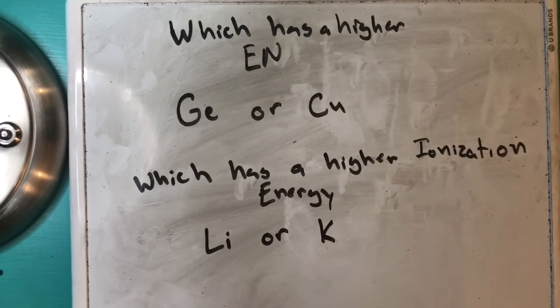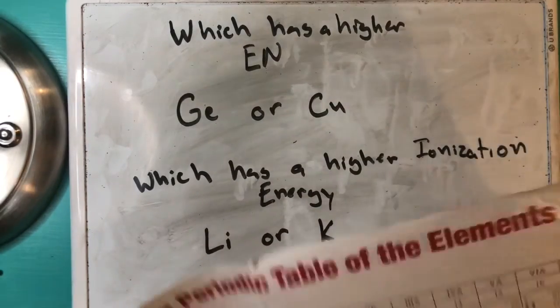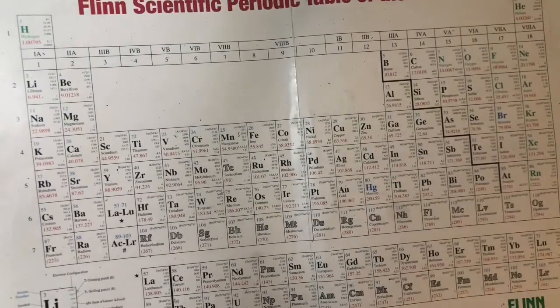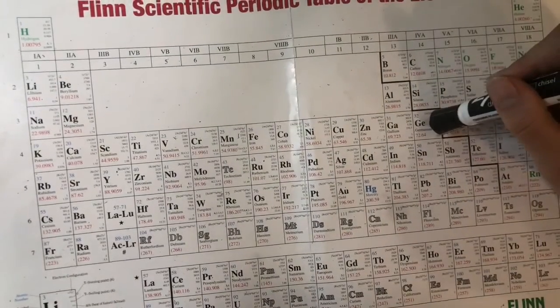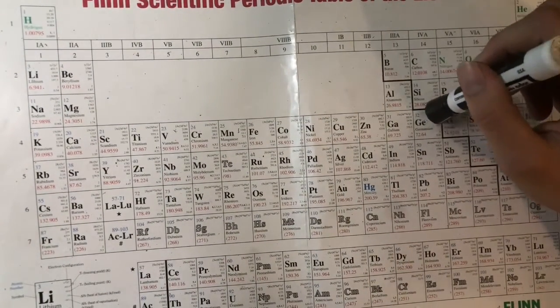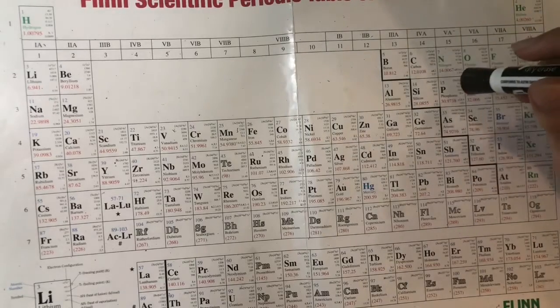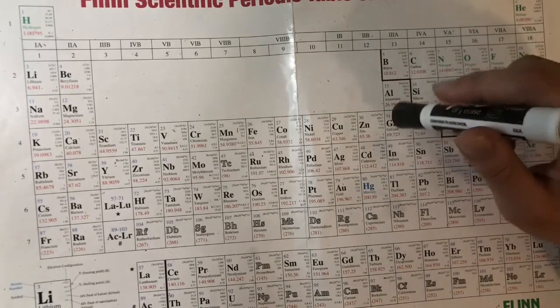Which has a higher EN, or electronegativity, germanium or copper? As with any periodic trend, you need to look at the periodic table unless you have it memorized. So you look on here and you have to find germanium and copper. You find germanium here as 32 and copper here. So they're in the same row but a different column.